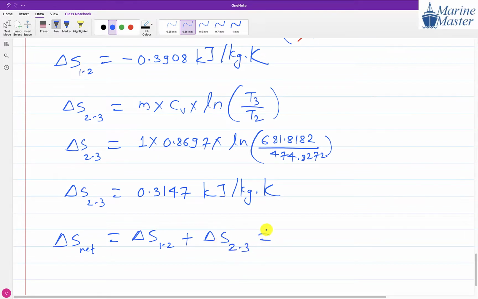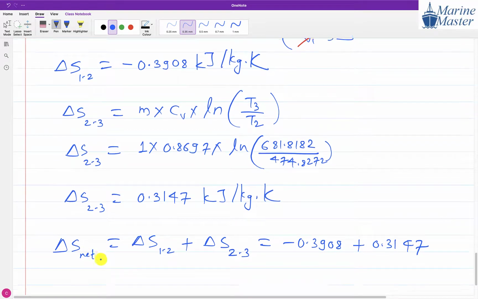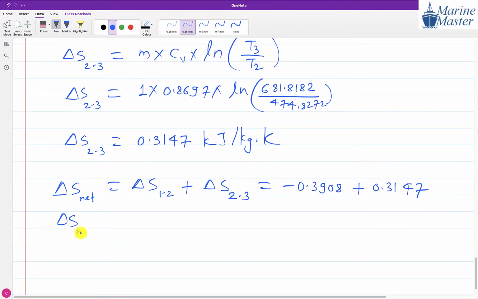Delta S 1 to 2 is minus 0.3908 plus 0.3147. Then delta S net will be minus 0.07613, so it will become minus 0.076 kilojoule per kg Kelvin of specific entropy.